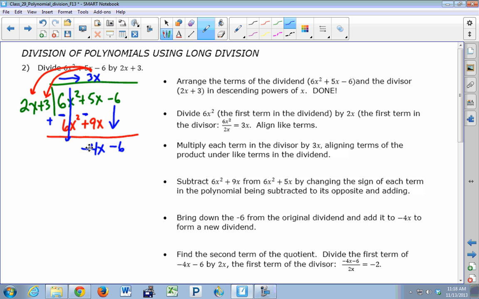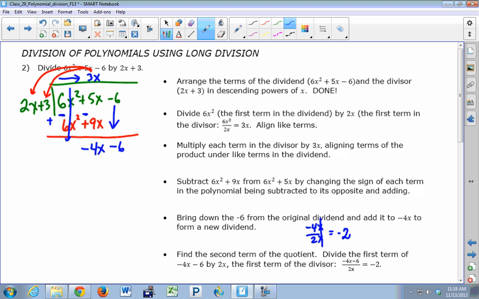So you look for your leading term, which is negative 4x, or your highest place value if you were thinking of numbers. And you start the process all over. You say 2x goes into negative 4x. So to do that, I say negative 4x divided by 2x. My x's cancel and I get negative 2.